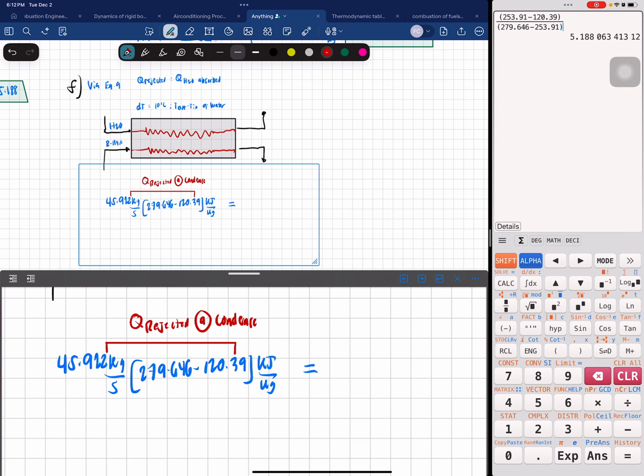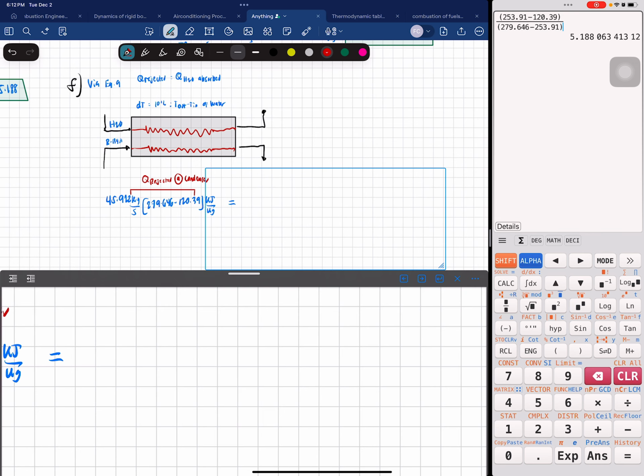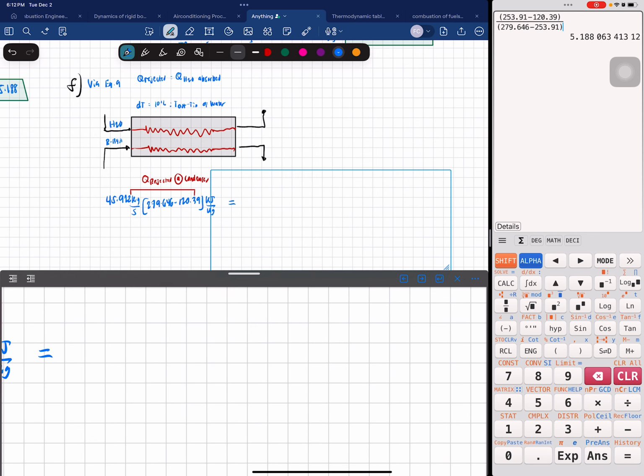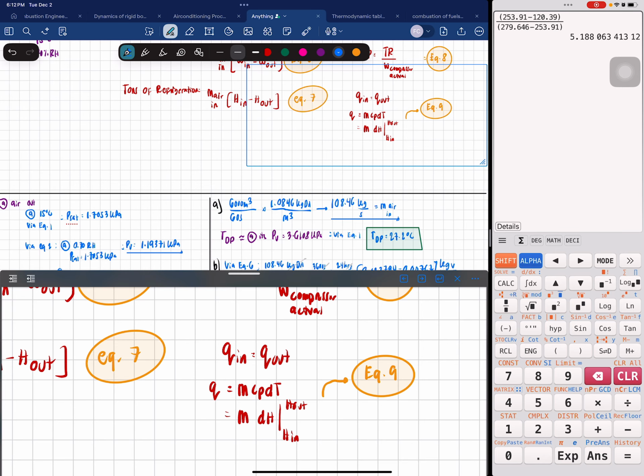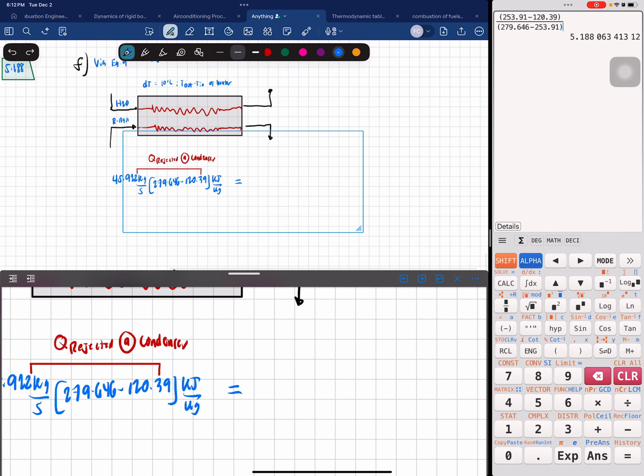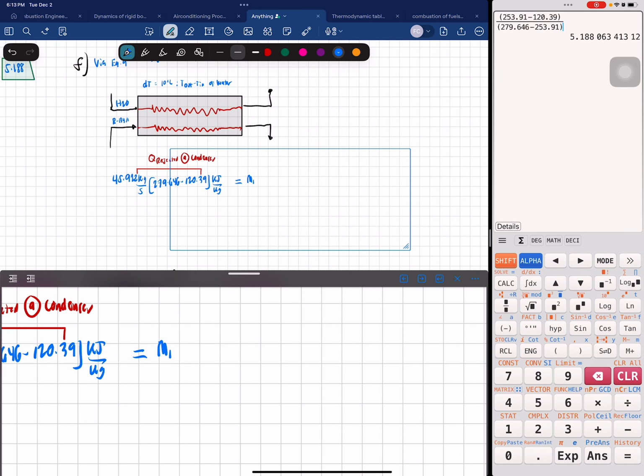Now how about the water? It's gonna be m Cp delta T. So mass of water, Cp is 4.187. Mass of water is in kilograms per second, 4.187 kilojoules per kilogram Kelvin.